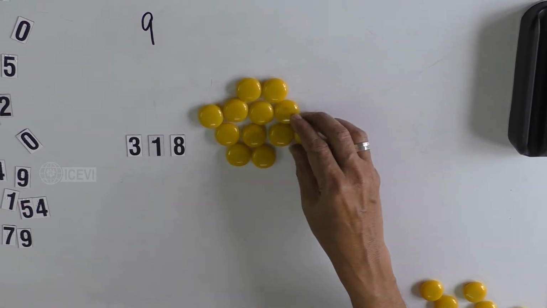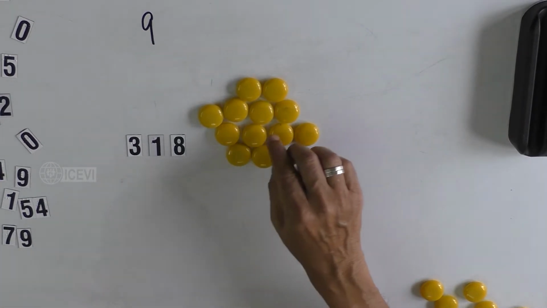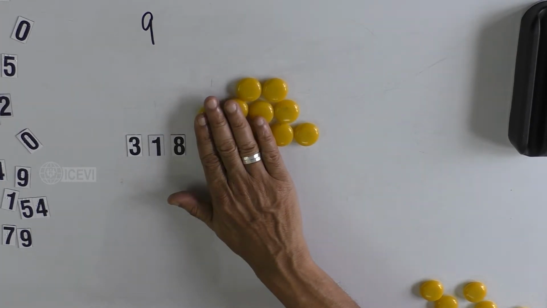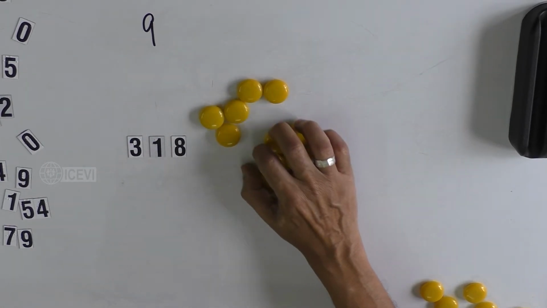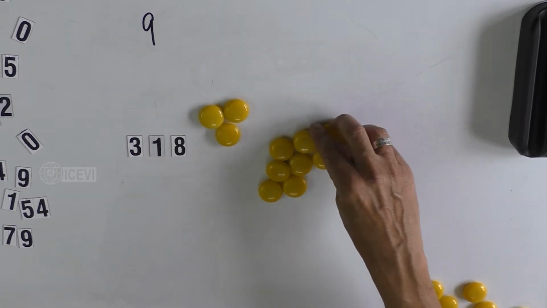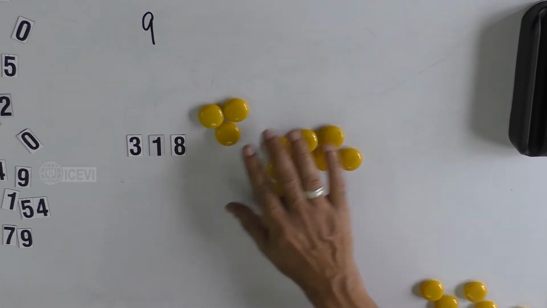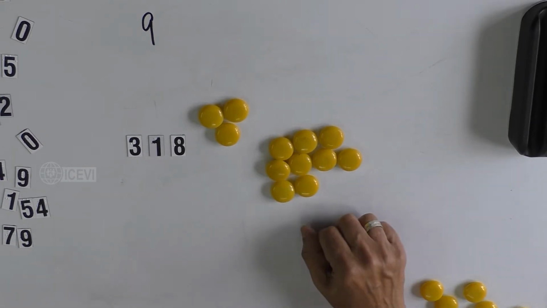Now let us see whether it is divisible by 9. That means the number 12 should be grouped in terms of 9. So you will get 3 as the remainder. That means 318 is not divisible by the number 9.